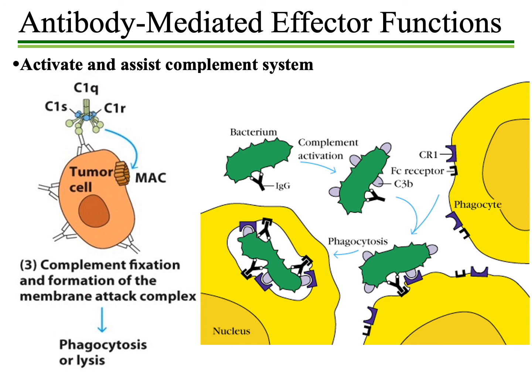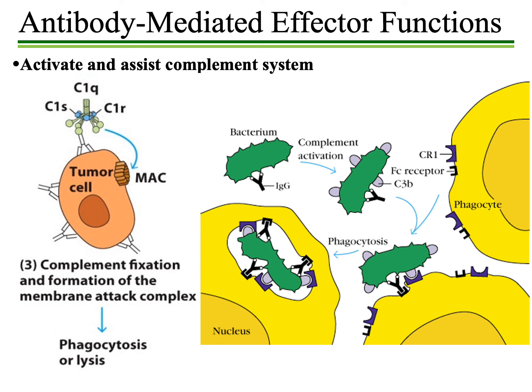Above the antibody, you see a complex set of molecules that includes C1s, C1q, and C1r. These are part of the complement system and recognize that antibody-antigen interaction, triggering a very complex mechanism known as the formation of the membrane attack complex, or MAC. This plays a role in destroying the membrane of the cell in question, hence causing its destruction. This is specifically part of the complement system and occurs because of the activation by antibody-antigen interaction.